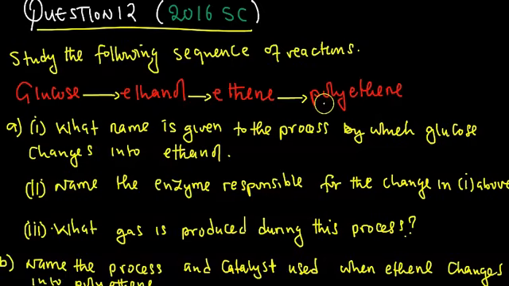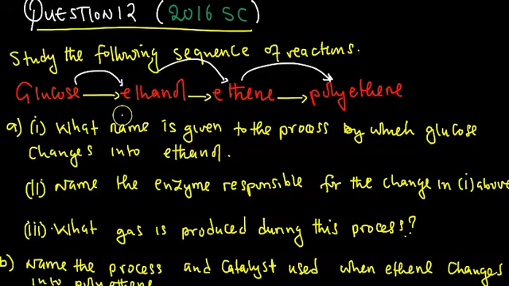Okay, so up to question 12, and this one came in 2016, school certificate. The question reads, the following sequence of reactions: glucose, ethanol. The way you can look at it is that glucose is converted to ethanol, then ethanol is converted to ethene, and ethene is converted to polyethylene.